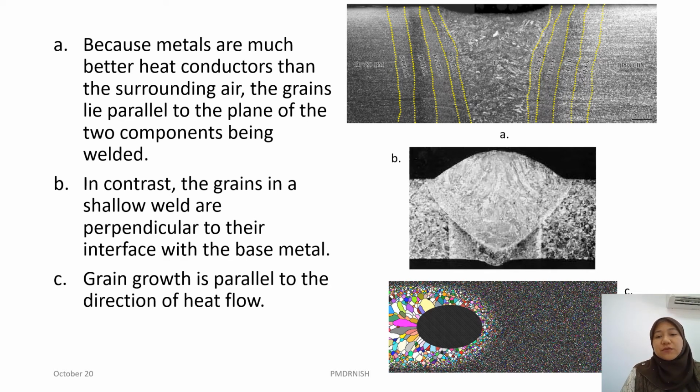As you can see from this image, the grain is growing parallel to the direction of the heat flow. In picture B, you can see the dendrites are moving upwards, and if we take the other cross section from the top, you can see it is also moving parallel to the direction of the heat flow.